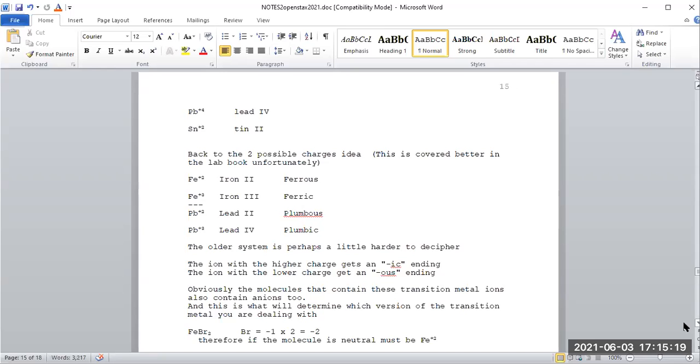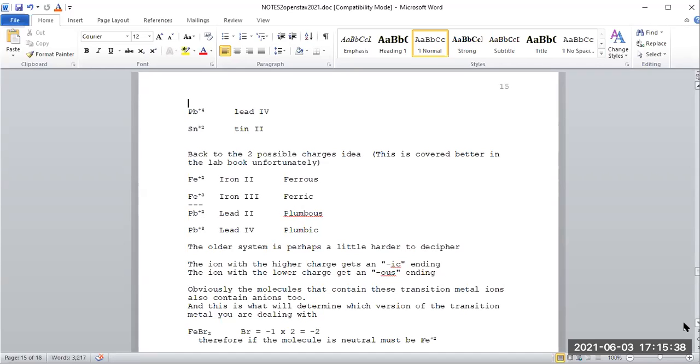For some reason, it's a hangover from the way medicine evolved from a historical point of view. And they stick with the Greek and Latin roots as well as the suffix endings.